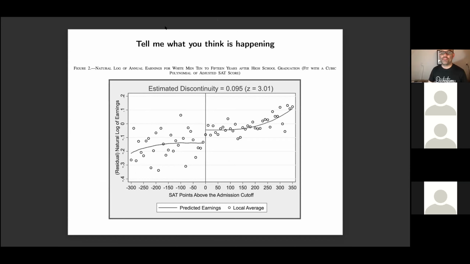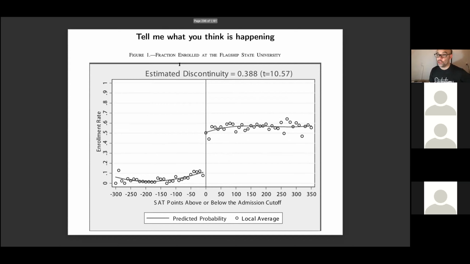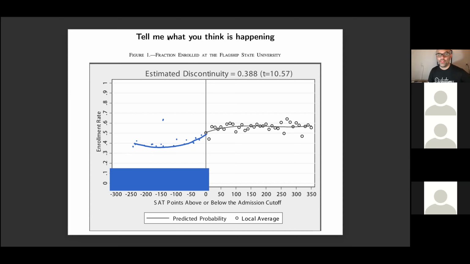But let's just imagine that you were to show this and the data had looked like this. If you had done something like that, then you would have to conclude the cutoff doesn't have an effect on enrollment.